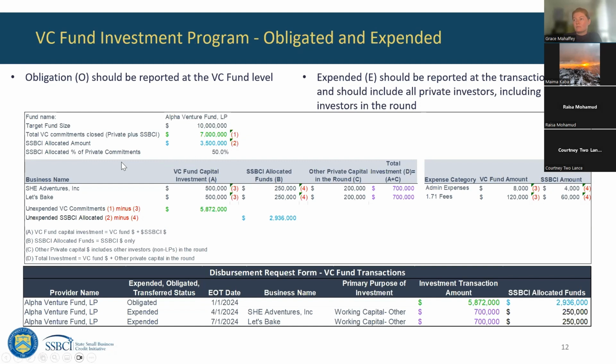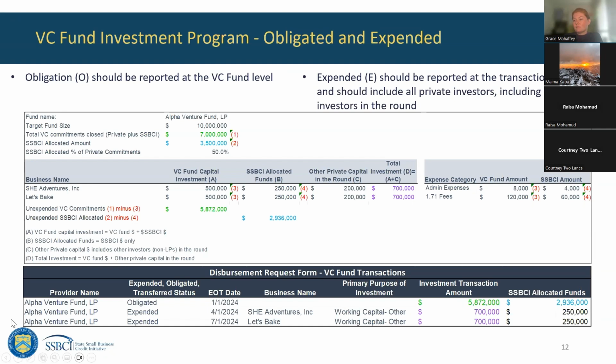From that commitment, 2 transactions have been expended, i.e. SSBCI funds and private capital have been invested directly into a portfolio company. The expended transactions should be reported as a typical transaction would be reported with all the required data elements entered, as you can see down here at the bottom of the disbursement request form.